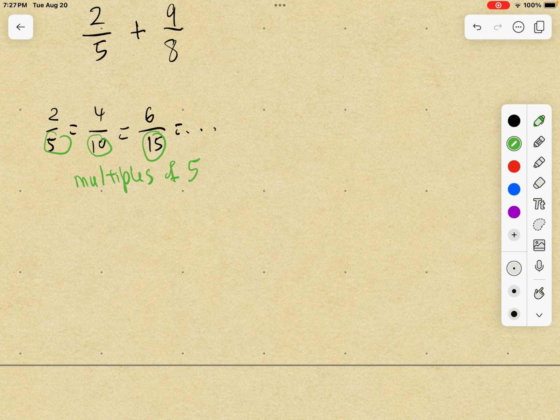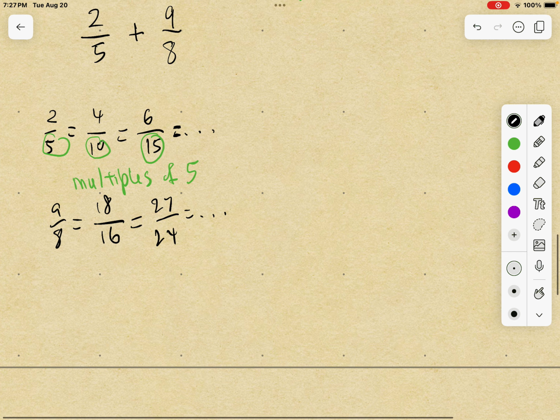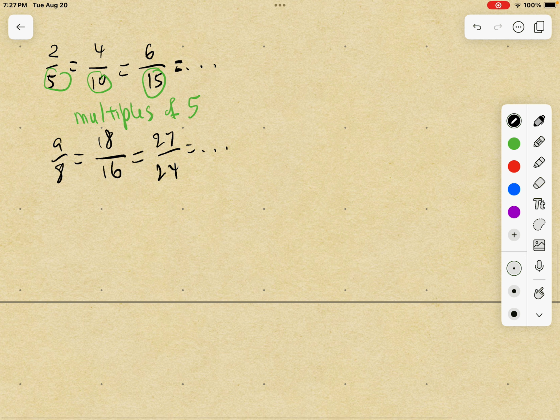So you're going to get multiples of 5, and similarly, when you write 9/8 as equivalent fractions, you're going to get multiples of 8. Dot dot dot means you just keep going. So these are multiples of 8.